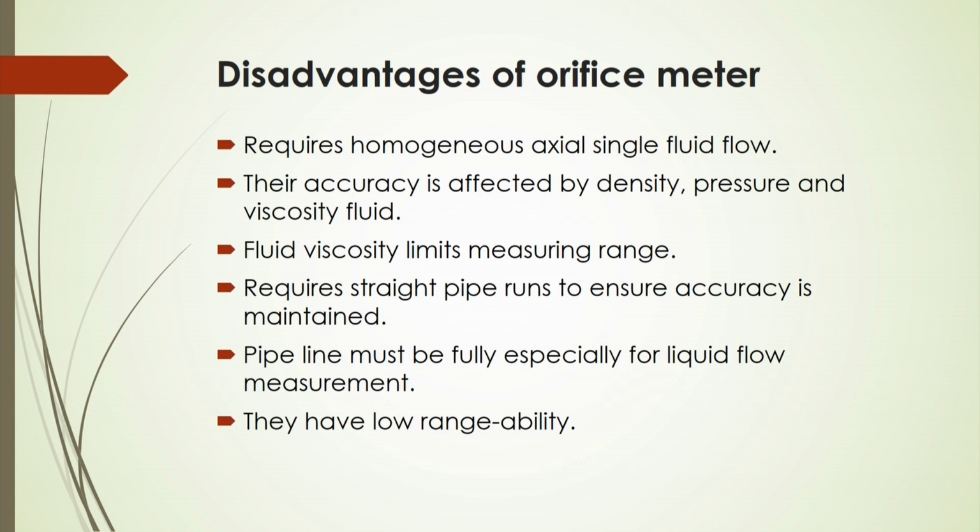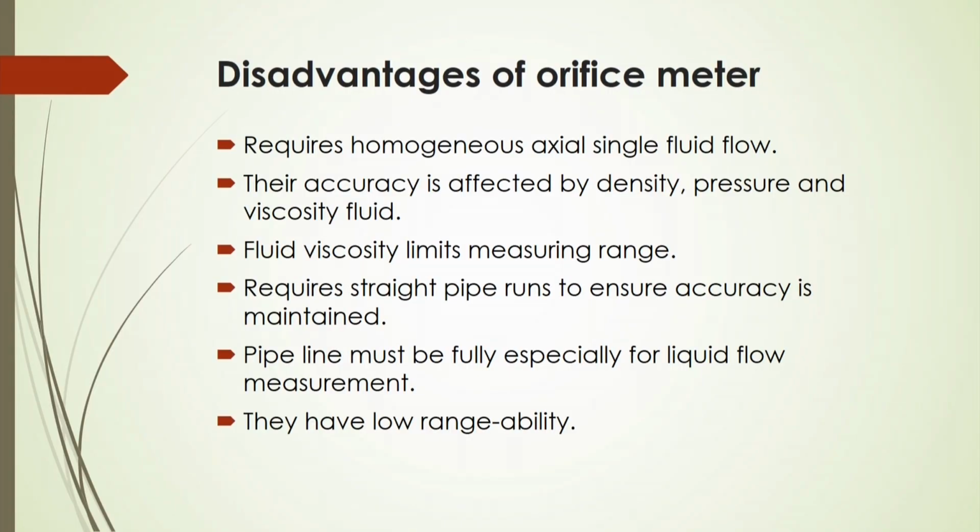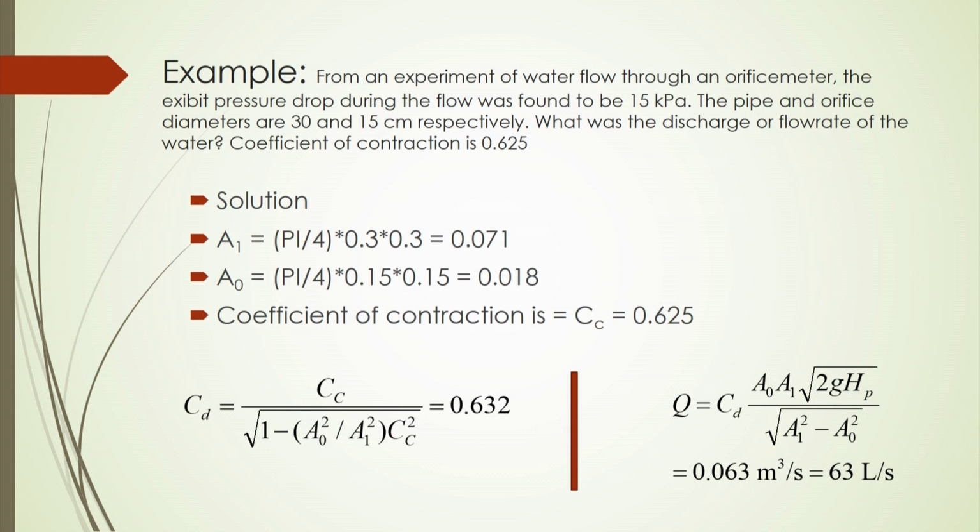Their accuracy is affected by density, pressure and viscosity, and fluid viscosity also limits the measuring range. It requires straight pipe runs to ensure accuracy is maintained, and the pipeline must be full, especially for liquid flow measurement, and they also have low rangeability to measure the fluid flow rate.